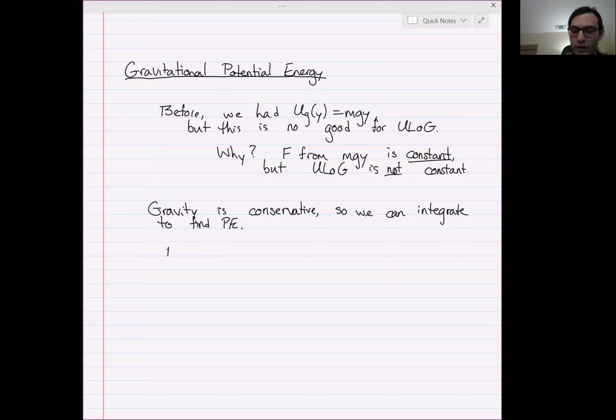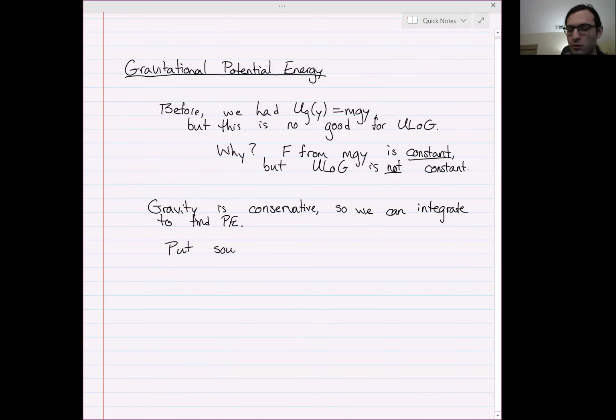So the force of gravity, in terms of variables x, y, and z, I'm actually going to give some setup here. We're going to put the source of gravity at the origin, at positions x equals 0, y equals 0, and z equals 0.